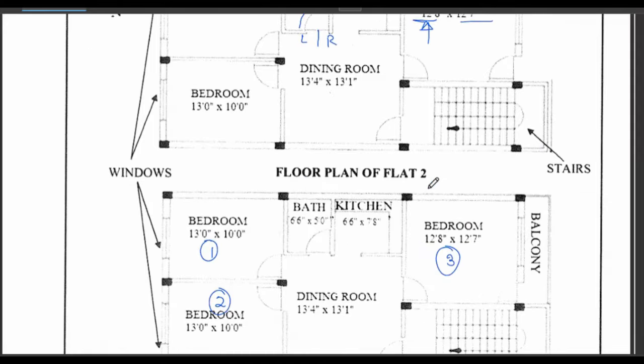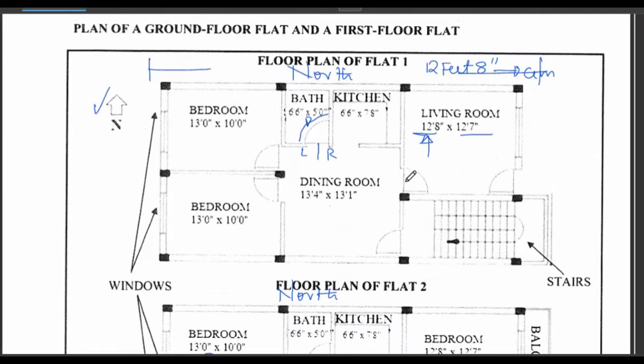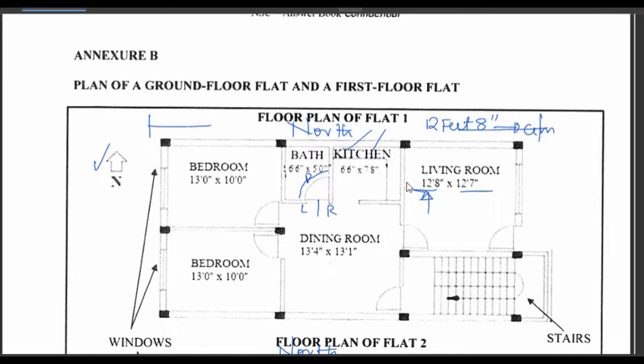Also, this one here, this is the north. Then we come down here. These are south walls. And indeed, you see there are no windows. We don't have any window here. Also here, we don't have windows.